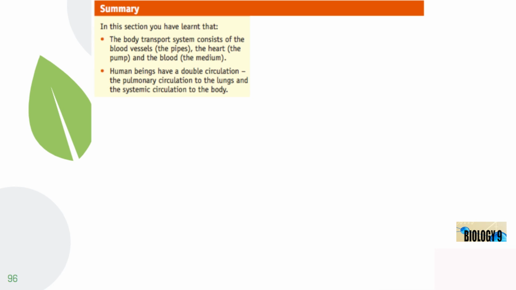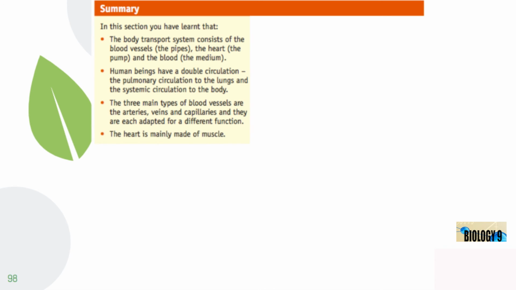Humans have a double circulatory system. Remember, the pulmonary one is to the lungs, and the systemic to the rest of the body. Three main types of blood vessels are arteries, veins, and capillaries, and they're each adapted for a different function.